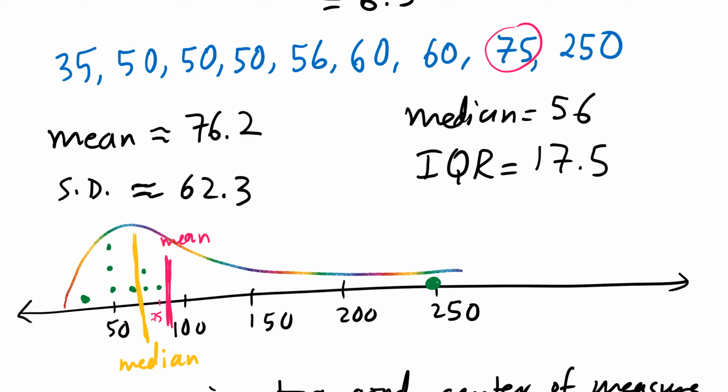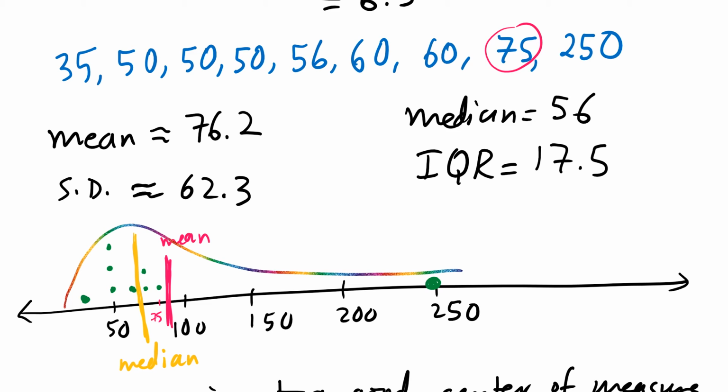Now, what about the spread? For the spread, is it better to use standard deviation or IQR? Well, the standard deviation tells you how far you are above or below the mean.